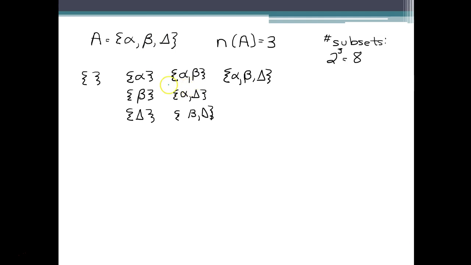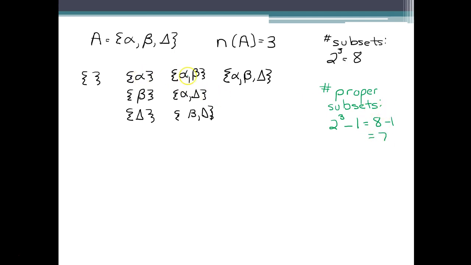Number of proper subsets. That's always 2 to the n minus 1. That's, in this case, 8 minus 1, or 7.